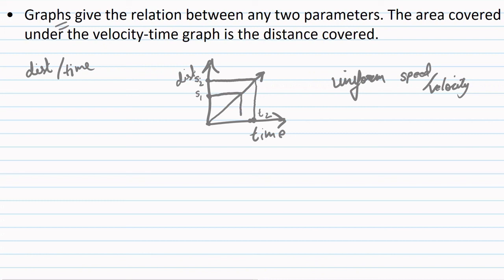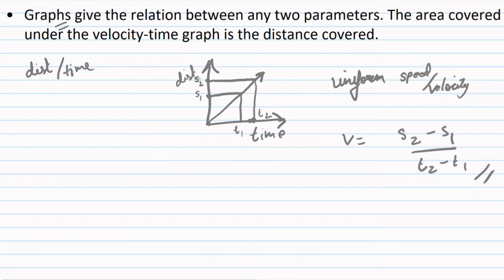Similarly, you do it for S1 and you get T1. So to find the velocity from this graph, all you got to do is V equals S2 minus S1 by T2 minus T1. In this way, you can find the velocity.